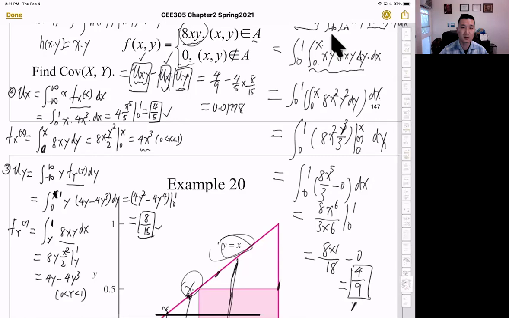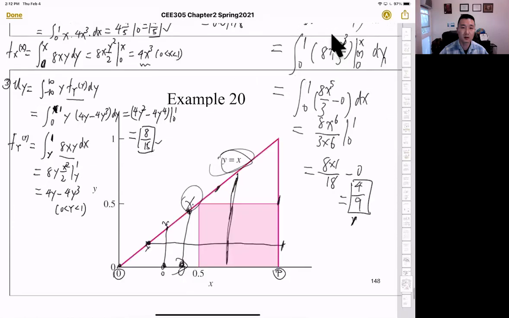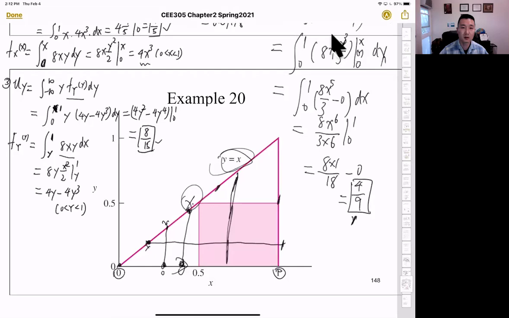Okay. As you can see, the procedure is very, very complicated. You should be able to follow the steps I wrote here and know why we should take the range of, for example, 0 to x, 0 to 1, or y to 1. Okay, but I do not expect we see similar kind of problems in your quiz or exams.